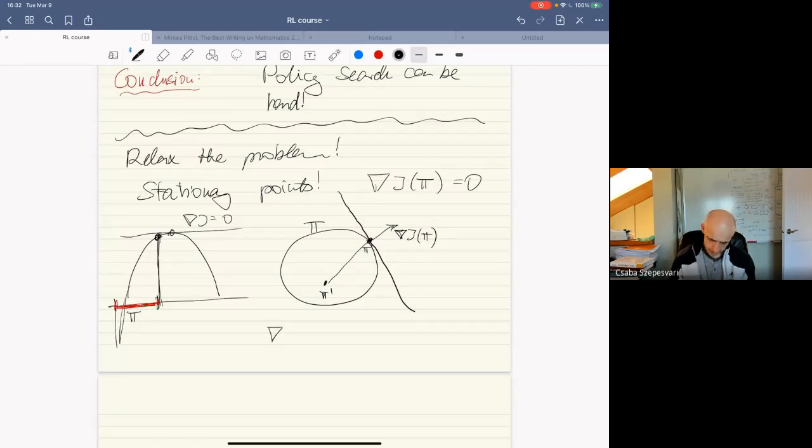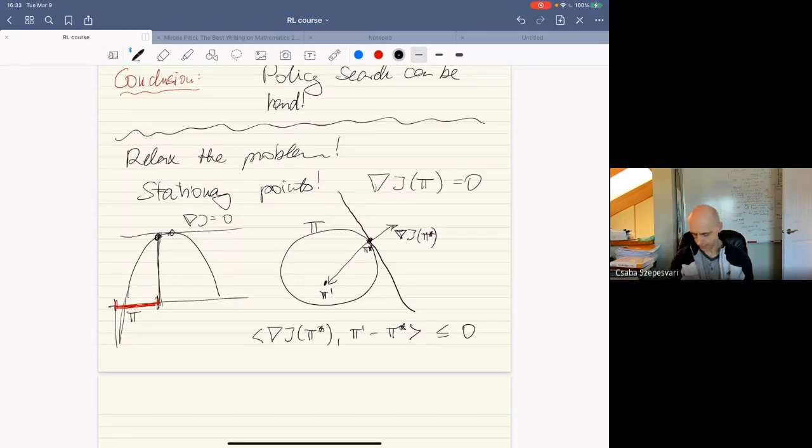And so the inner product between the gradient at, let's say, pi star, and the vector that points to pi prime from pi star is negative.